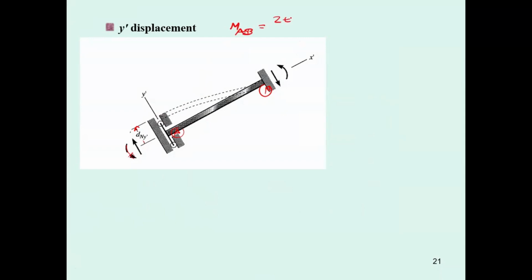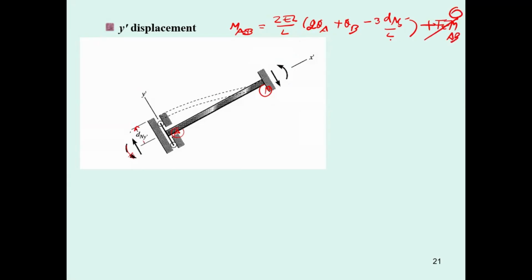From the slope deflection equation, you will have 2EI over L, then 2 theta A plus theta B minus 3 times D sub n y prime over L, and then there is no loading plus fixed end moment AB.